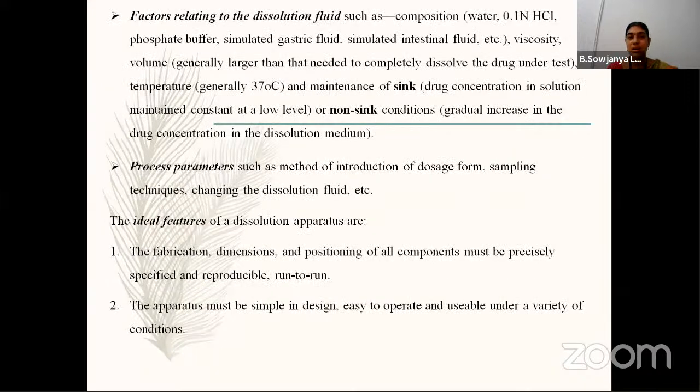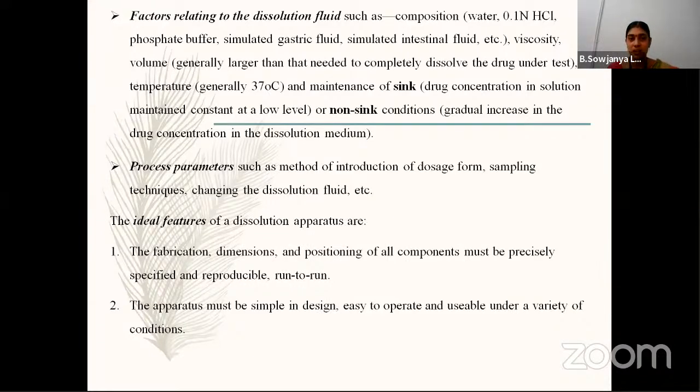Okay, and factors relating to the dissolution fluid: the composition, which may be water or a dissolution medium such as acidic buffer 0.1 normal HCl, or simulated gastric fluid or intestinal fluid, and also the viscosity, the volume, and maintenance of sink conditions or non-sink conditions.